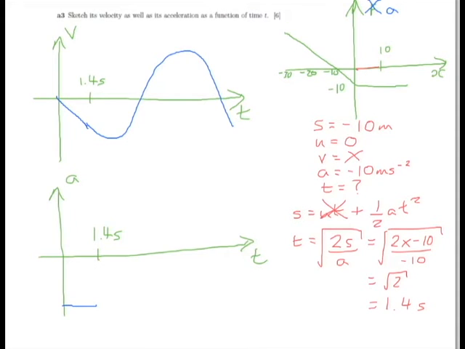Now, the derivative of a sine curve is a cosine curve. So let's very carefully sketch our curve here. We need it shortly after the 1.4 to go to 0. So these points match up. That's the point at which the velocity is at its maximum. The acceleration is 0.